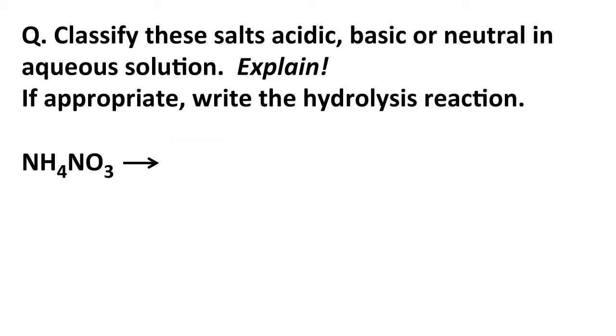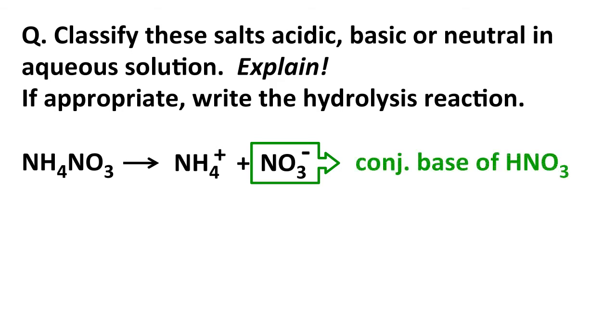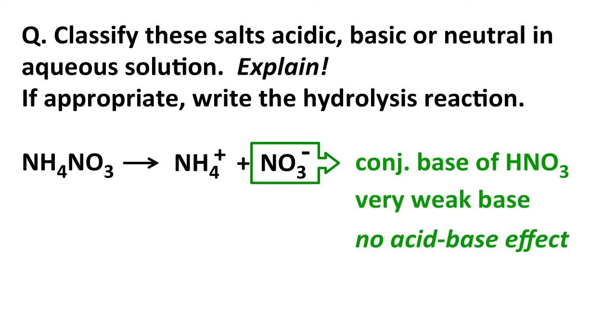Next salt is NH4NO3, ammonium nitrate. This dissociates in aqueous solution into the ammonium ion, NH4 plus, and the nitrate ion, NO3 minus. The nitrate ion, let's do that one first, is the conjugate base of the strong acid HNO3, and just like we saw with the strong acid HCl, this has a conjugate base that's so weak it has no acid-base effect.